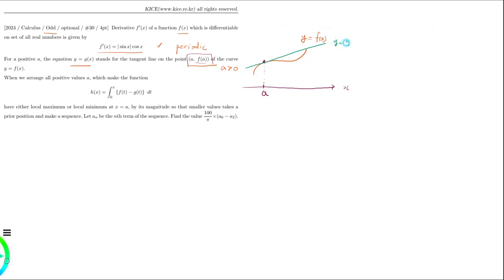Okay, so right now the value of x is not constant. So the tangent line actually depends on the value of a. By moving this value of a from, let's say, 0 plus to infinity, we can get the tangent line of y equals f(x) for all positive x here.